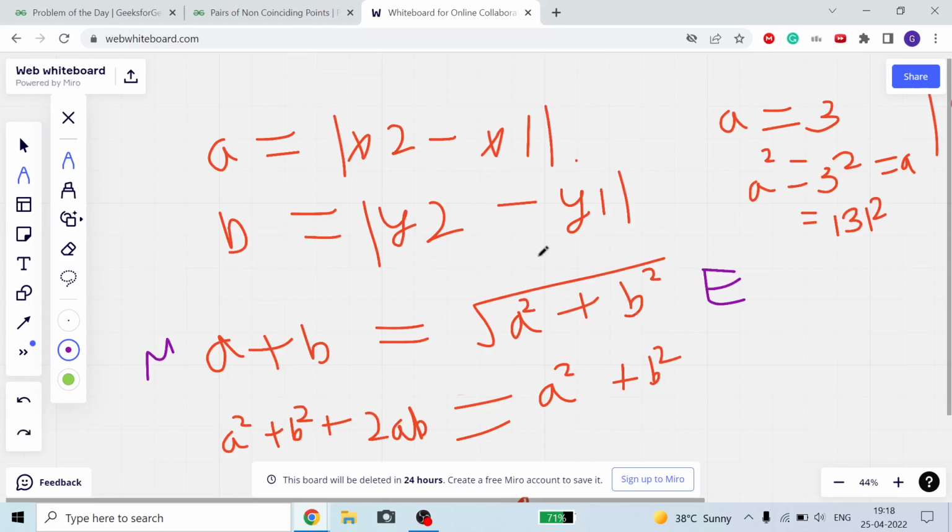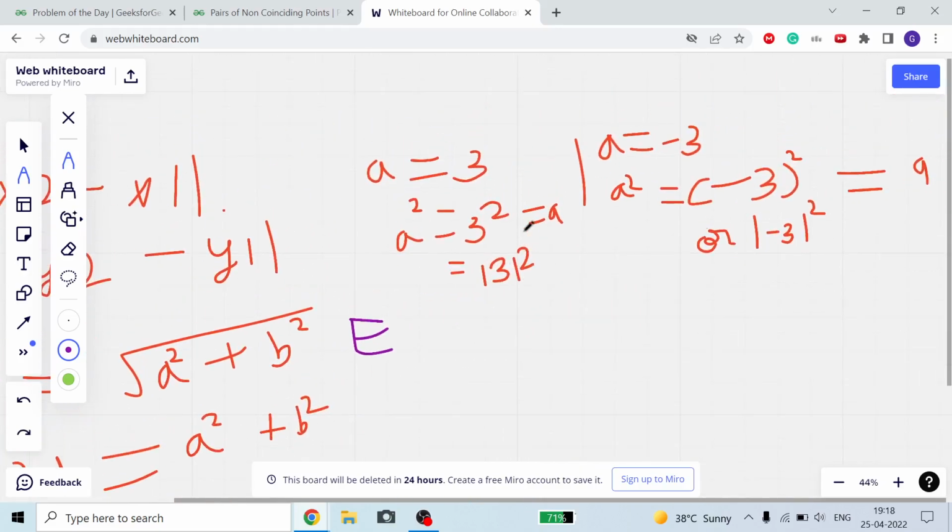Now why am I taking this mod square? Because for squares, mod makes no difference. Like if my a is equal to 3, then a square can be 3 square or mod 3 square; both will give me 9.